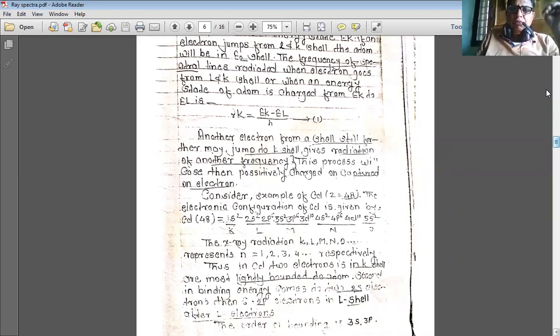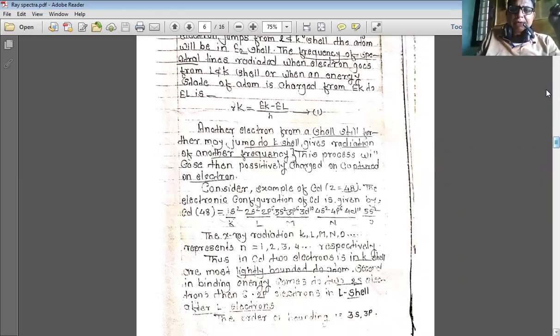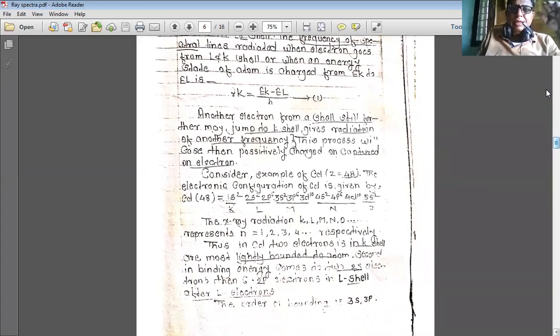The electronic configuration of cadmium, which is 48, is like this: 1s squared in the K shell, 2s squared, 2p6 in the L shell. म्हणजे बघा 1 असेल तर के सेल, 2 असेल तर एल सेल, 3 असतील ते एम सेल, 4 असेल ते एन सेल, 5च्या पुढे असेल ते ओ सेल.